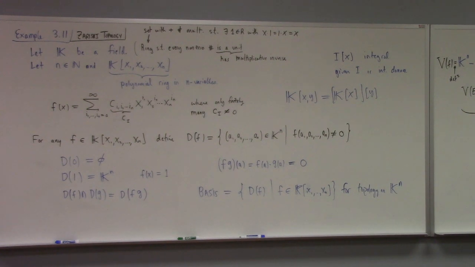He says, given any subset E of the multivariate polynomials, one writes I equals to E. Sorry, let me write this down here. It says E subset of K[x1, ..., xn].